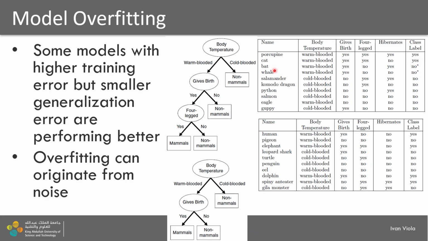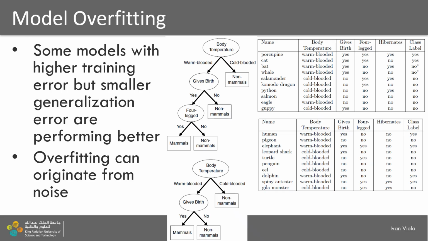And similarly here, a whale. So in this case, we have some errors, a few errors in this training data, which is reasonably common in real world data sets, that there is some error.